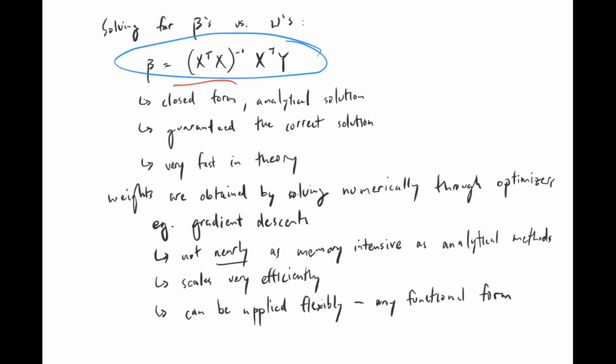It's only for calculating betas in the linear form. The beauty of the numerical method is that you are able to apply that algorithm to any function.